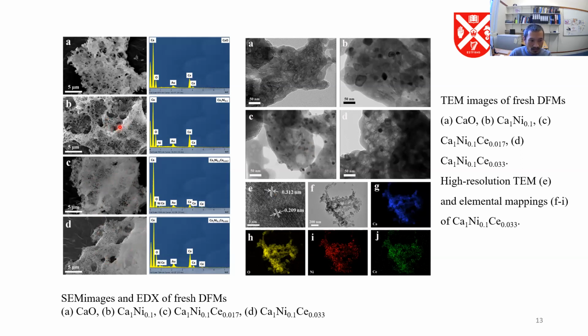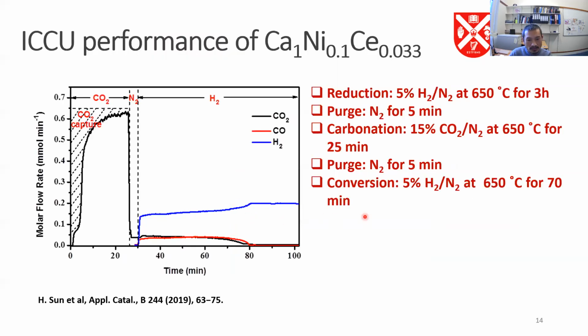So we have two functions here. Calcium oxide provides the adsorption site for CO2 capture, and the nickel provides the catalytic site for CO2 conversion. This is a typical ICCU process in the lab. We did this in a tube furnace.